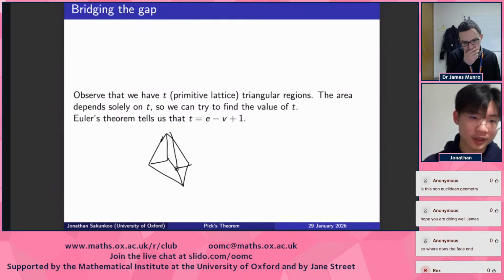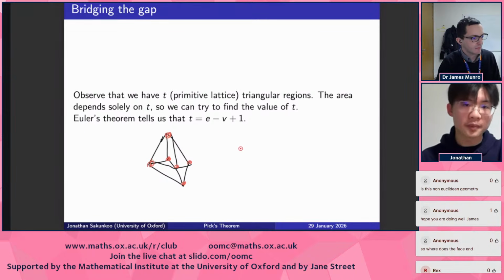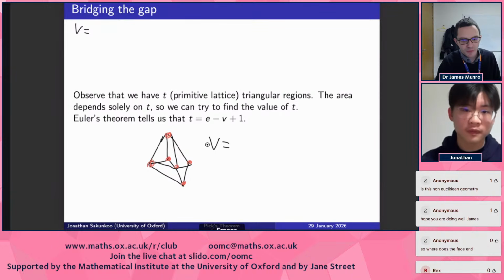So that would be all of this one, this one, this one, this one, this one, this one. So in terms of I, B, T, whatever, what is V? The total number of vertices.